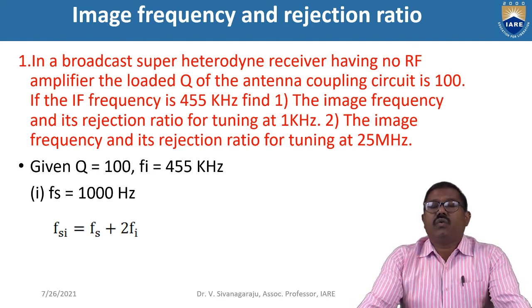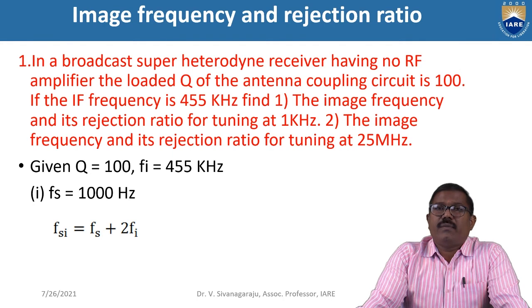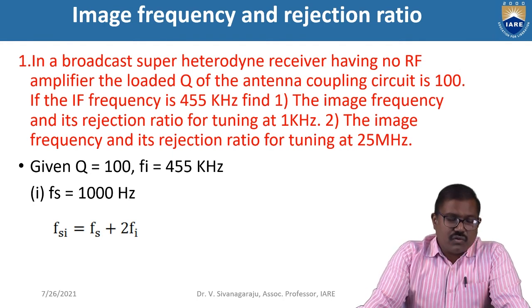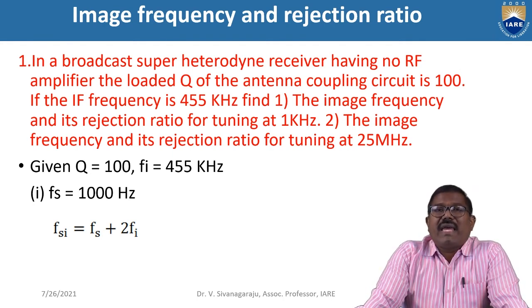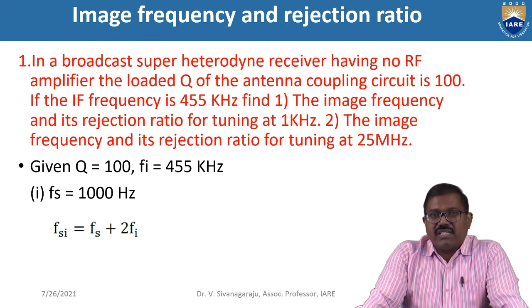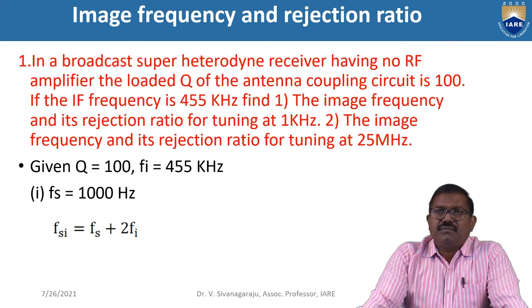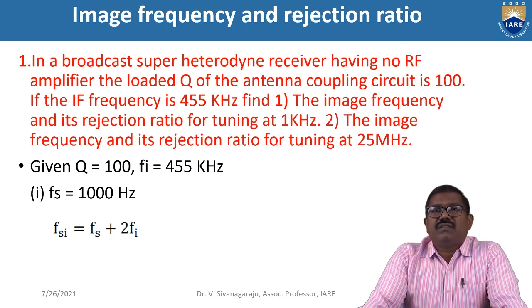So first we know the formula of image frequency, that is FSI, which is equal to Fs plus 2Fi. Here Fs is the signal frequency. In this problem they have given 2 bits.